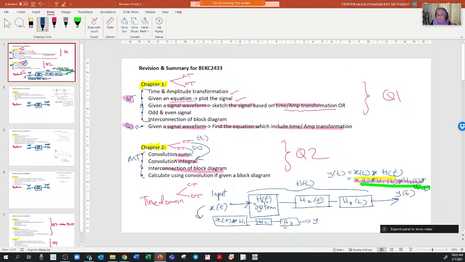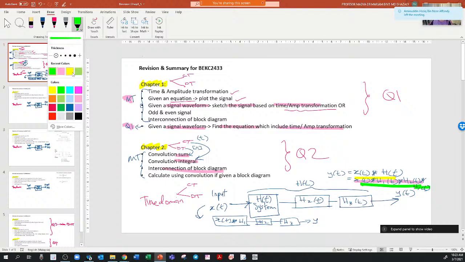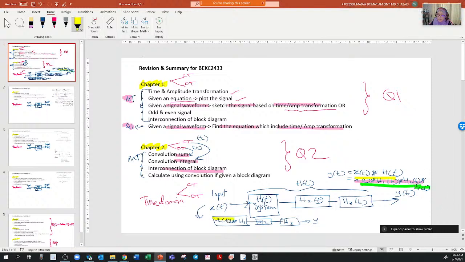So the yellow part that I color coded just now is actually this signal. You see that you get one signal from the convolution first, and then next you convolve this whole thing with h2. After you did it, this block will be more simplified again.